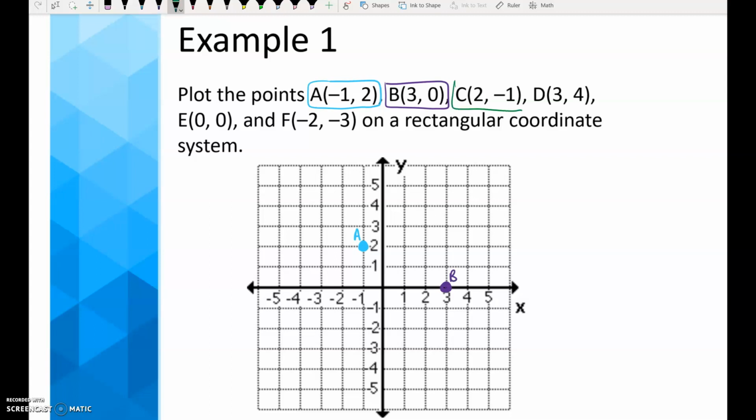Point C at 2, -1. Point D, 3, 4. So right 3, up 4. Point E, 0, 0. That's right in the middle.